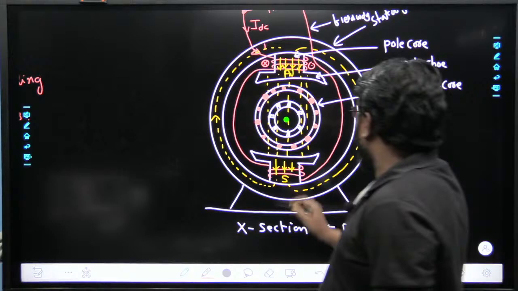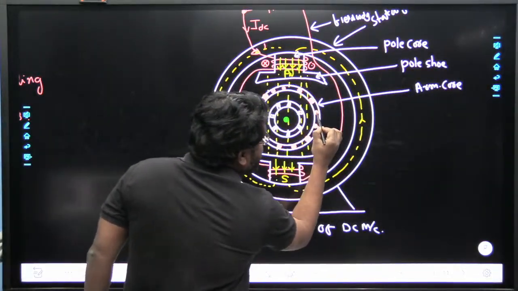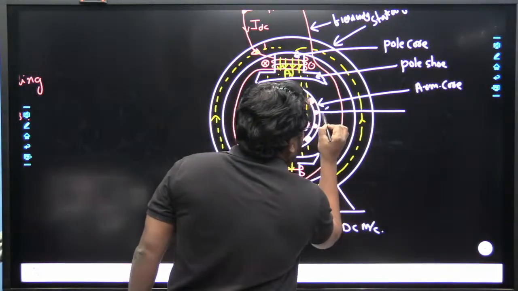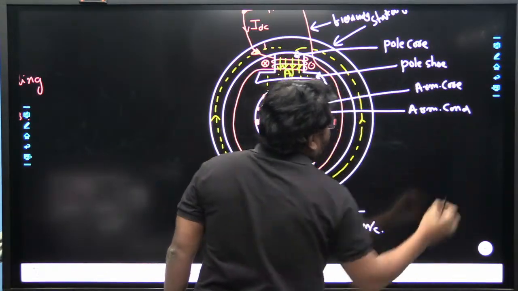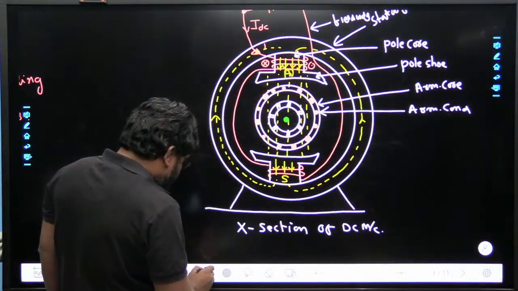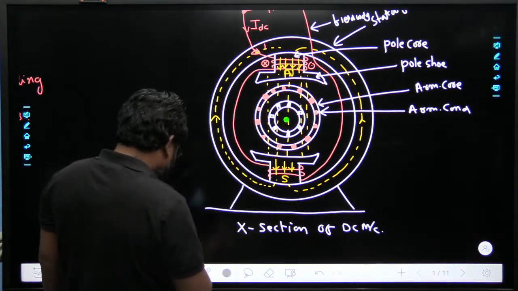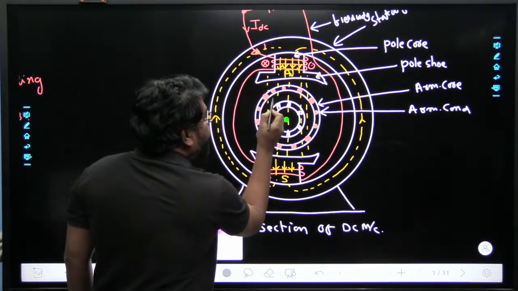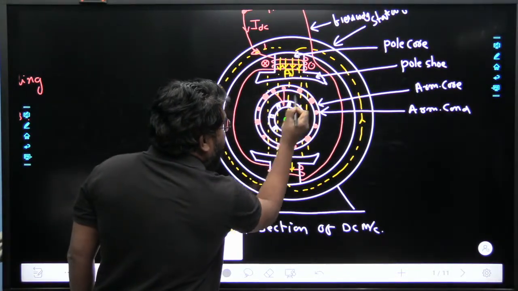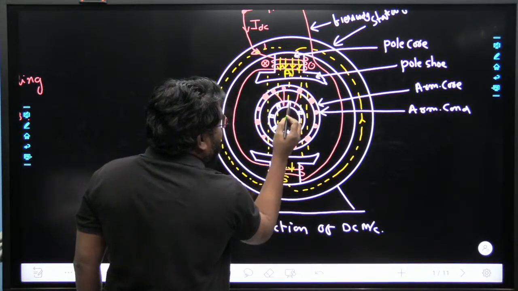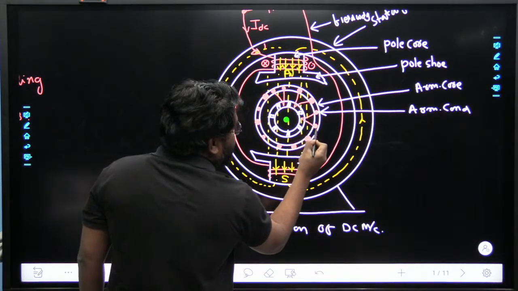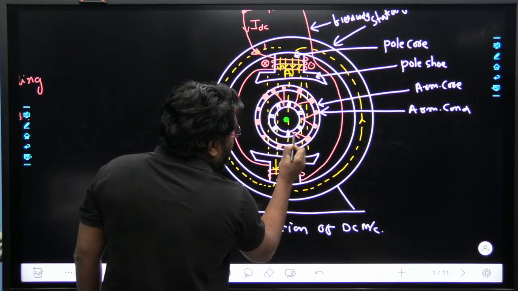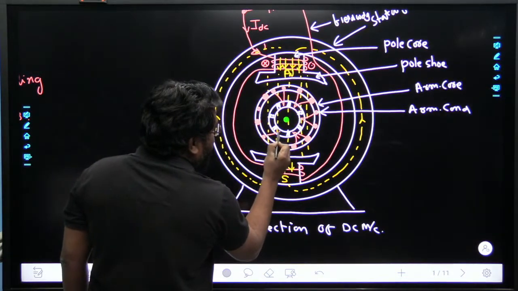And what about this one? I have mentioned this dotted line. These are armature conductors. These armature conductors are connected to the commutator segments, like so.